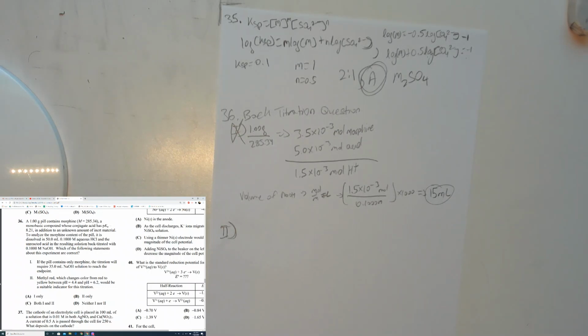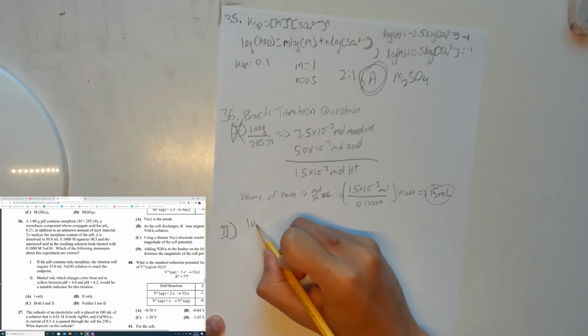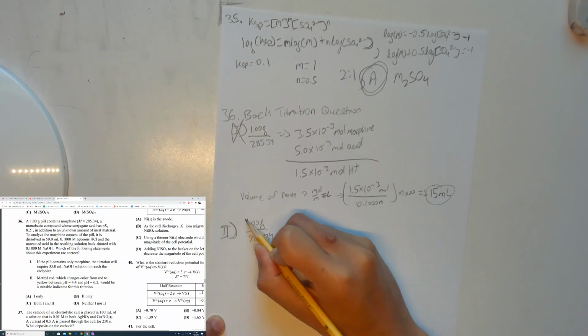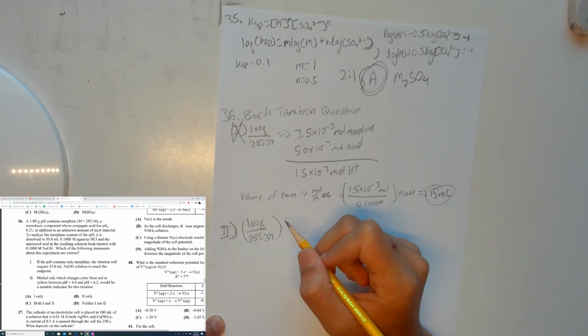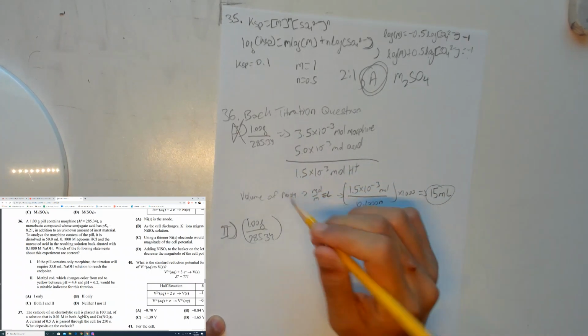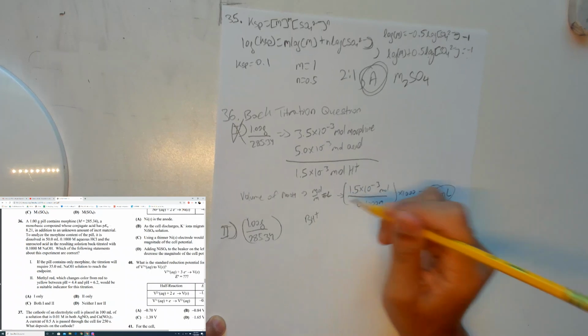So we can do this by, if we have 1 gram of morphine, 285, I want to find the molarity. At the end point, I want to find the molarity of the conjugate acid of morphine, or MH plus.